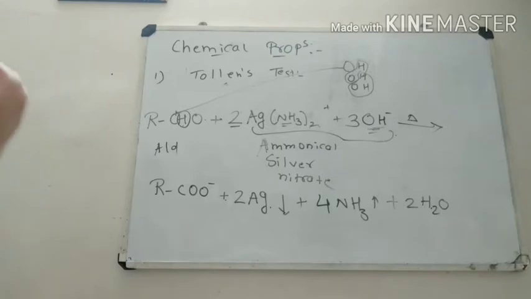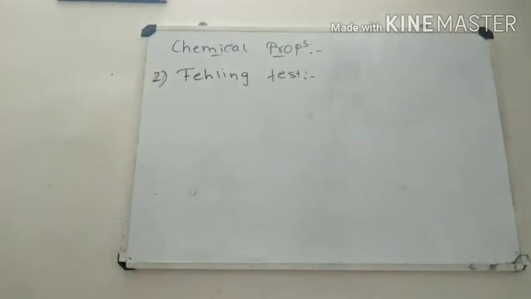Now let us start with the second one, the Fehling test. In the Fehling test, the aldehyde is again boiled with the Fehling solution. Then in hot water, a red precipitate of cuprous oxide is formed, and the aldehyde is oxidized to the carboxylate ion by the Fehling solution, and Cu2 plus ion is reduced to Cu plus ion.